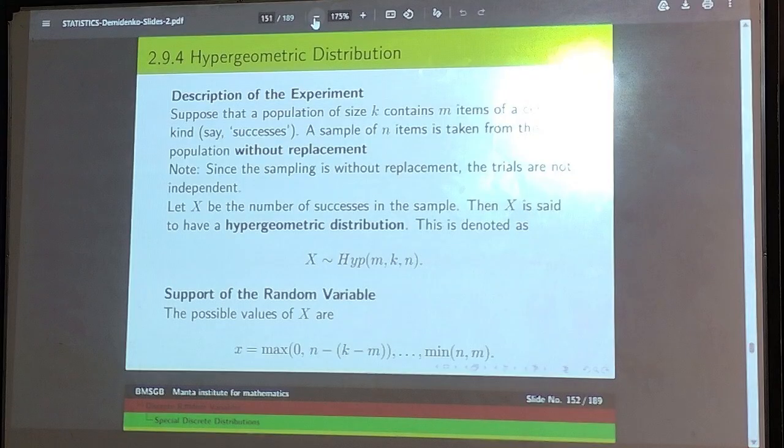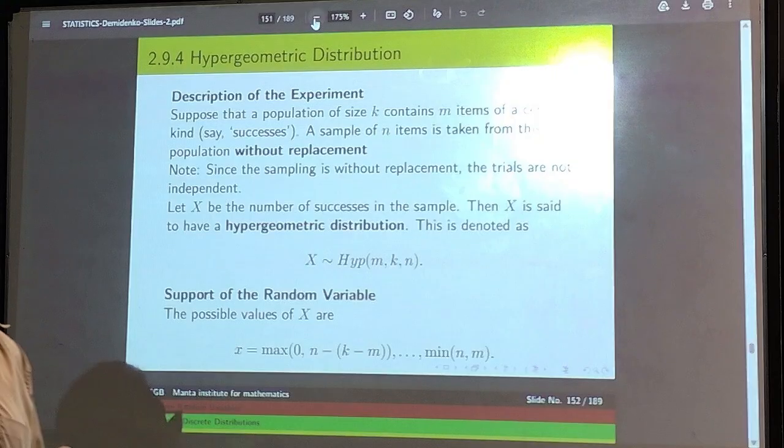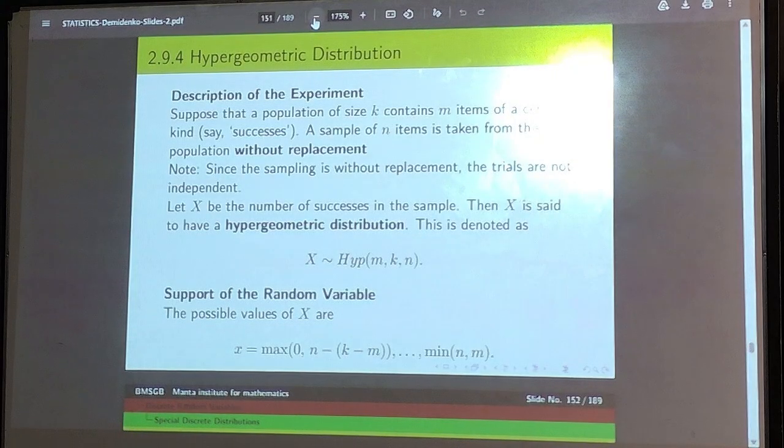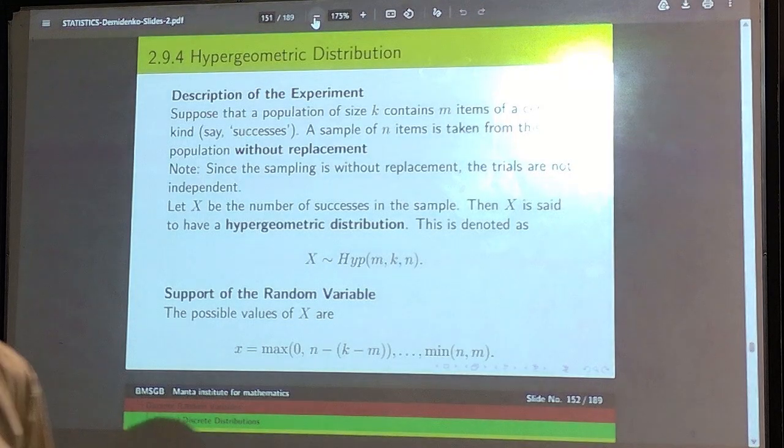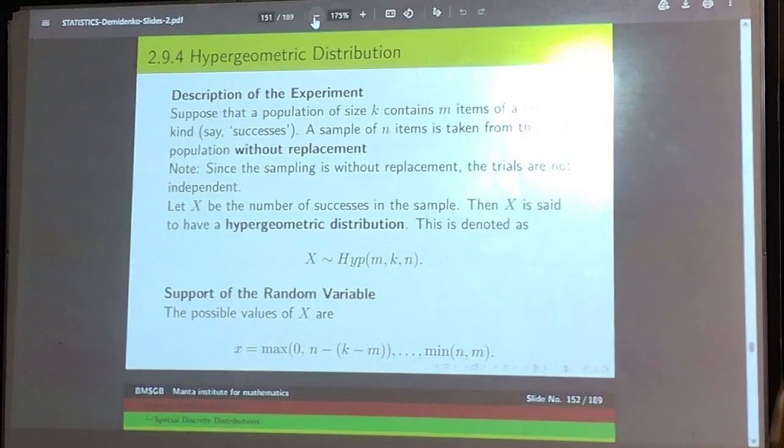Like gender, males and females, or defective and non-defective, but the population can be small. A sample of n items is taken from this population without replacement, and we are interested in the number of successes in the sample.